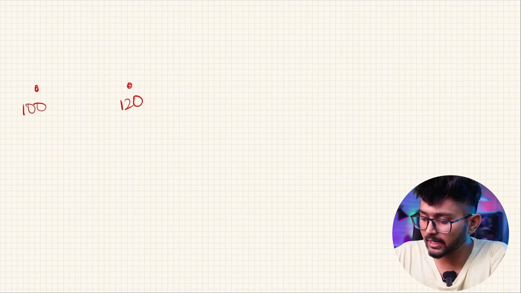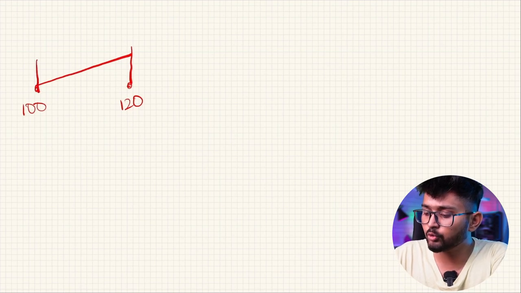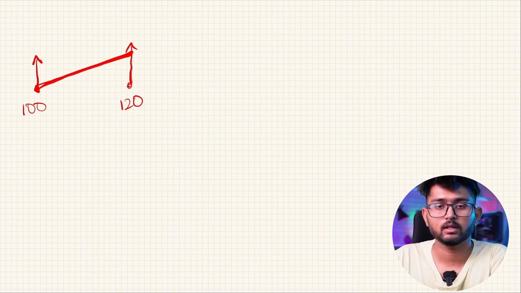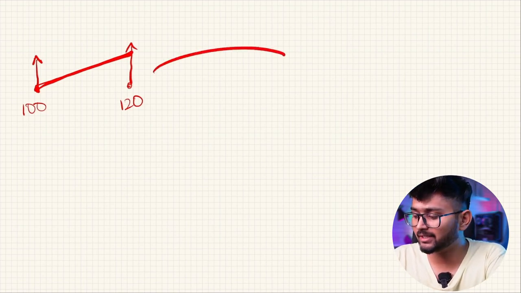So the speed at which the zoom in happens from this point to this point is constant, right? It constantly zooms into the frame, right? Here 100 is there, and then here 120 is there, and the speed at which the zoom in happens is constant, right?